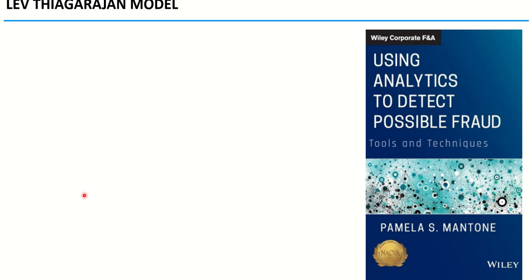From this book, I mastered most of what a retail investor could pick up to analyze based on financial statements, and one of them was the Lev Thiagarajan model. Because you and I cannot go and sit inside a company and do the investigation. We only have the publicly available information, which is the financial statements. So whatever analysis can be done with those statements is what we focus on as part of financial forensic analysis.